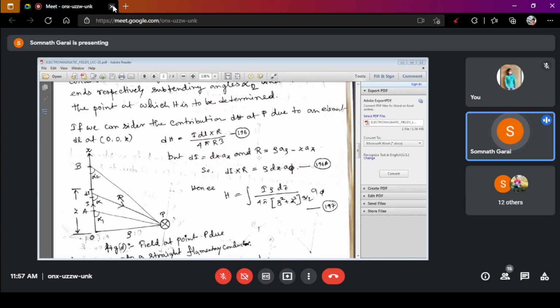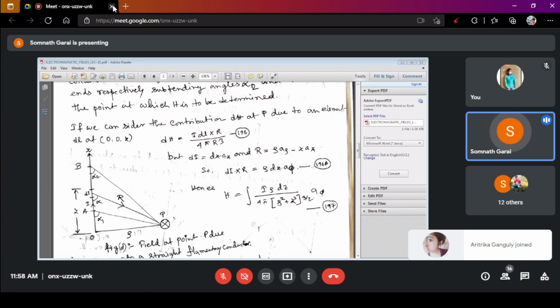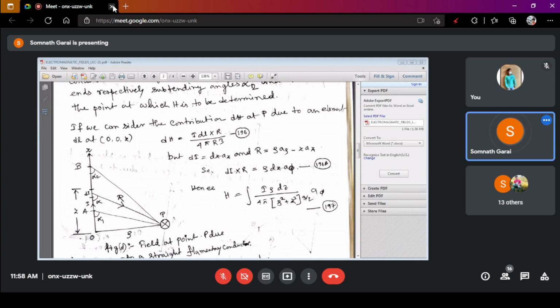According to the cross product of unit vectors, the cross product of two unit vectors is equal to the third one, so the cross product of a_z and a_rho is equal to a_phi. So dl cross r is equal to rho dz a_phi. That is equation number 196.